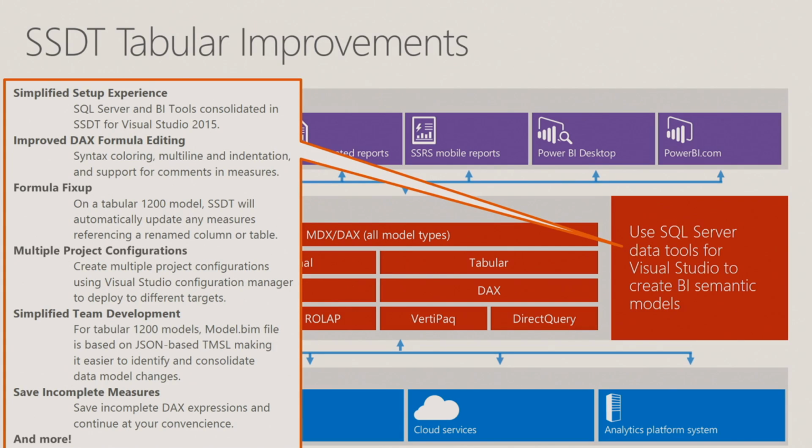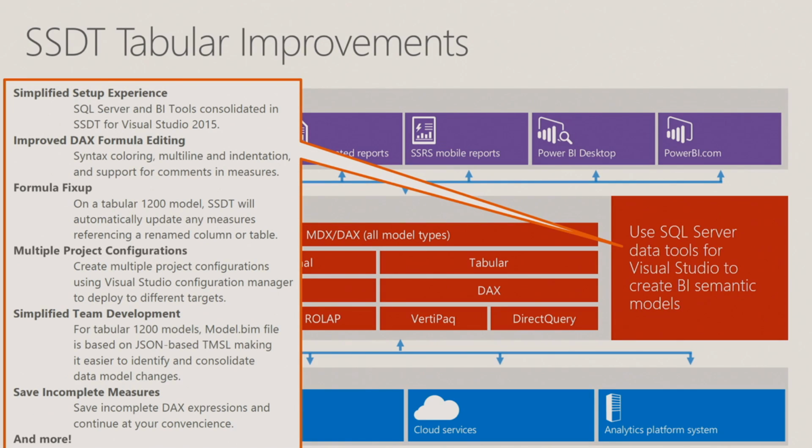Now, some of the improvements I already mentioned that we're going to also stand on heavily here in this session are about the tabular editing experience. We have something completely new that didn't exist before, which is called Formula Fix-Up, which I think is one of the most useful things for the daily work of the BI professional.